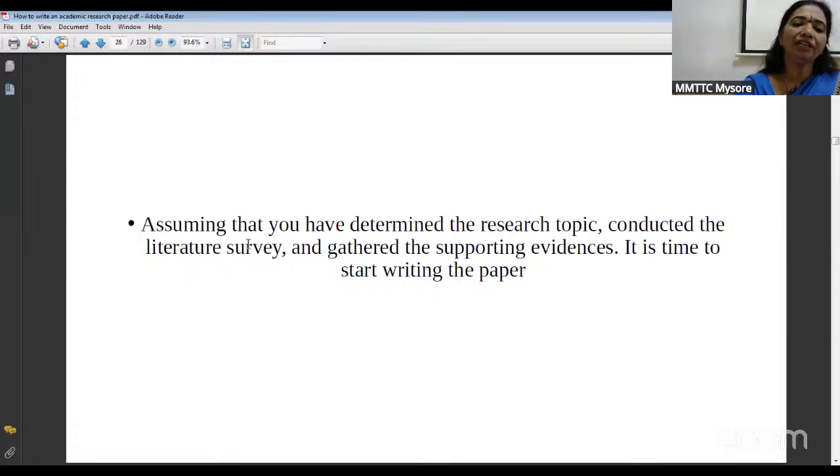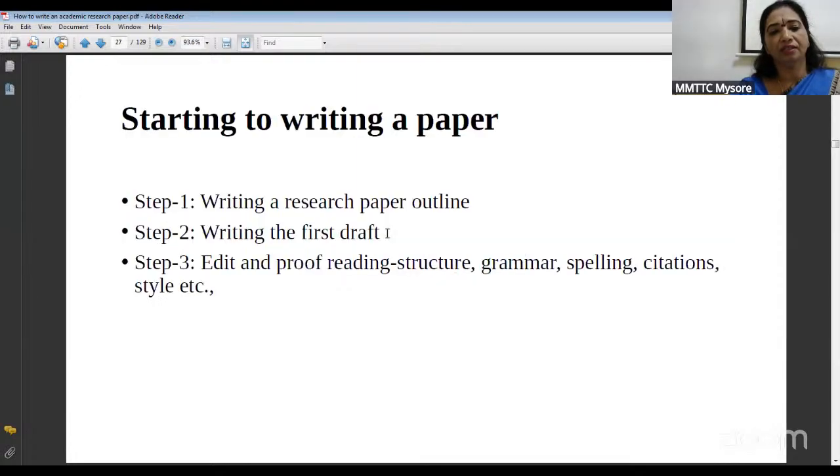Now let me assume that you have determined the research topic, conducted the literature survey, and also gathered supporting evidence. Now it's time to start your research paper. So how do we start to write a research paper? The first step is to write a research paper outline.